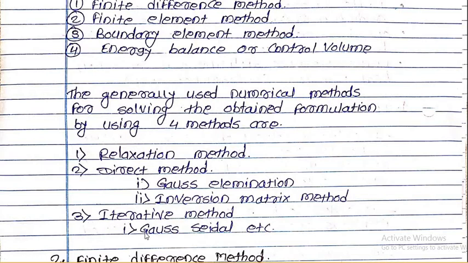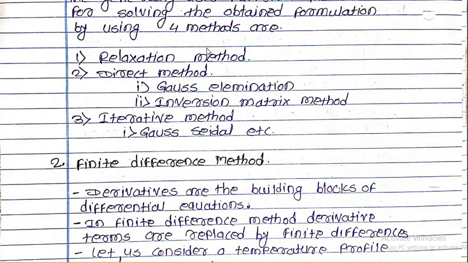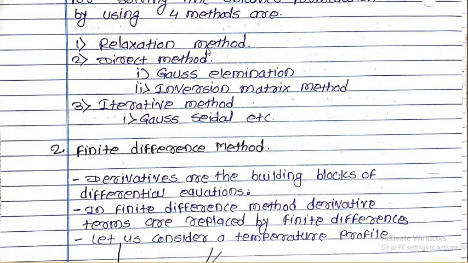In the iterative method, Gauss-Seidel, Gauss quadrature, Runge-Kutta method, etc. are involved. So these methods can be used to find the solution by using these four approaches. Now the finite difference method.